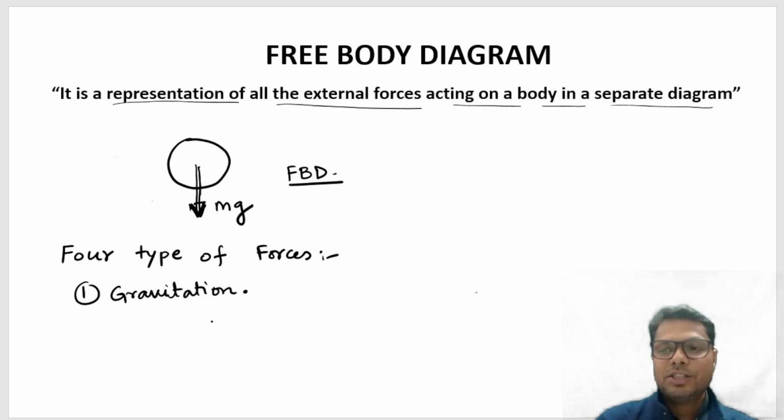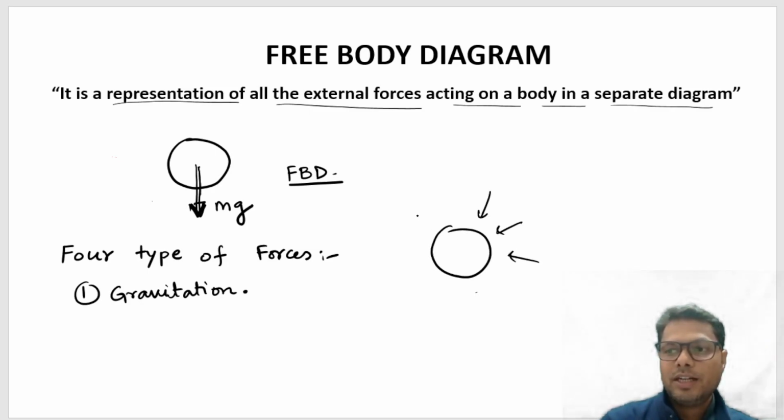The earth is a very large mass which creates a gravitational field around it, and when another mass comes in this field, it experiences an attraction force towards the center of earth. This attraction force is called the weight of the body or gravitational force acting on the body. The magnitude is generally taken as m into g, where g is the acceleration due to gravity. This is a fundamental force in nature.